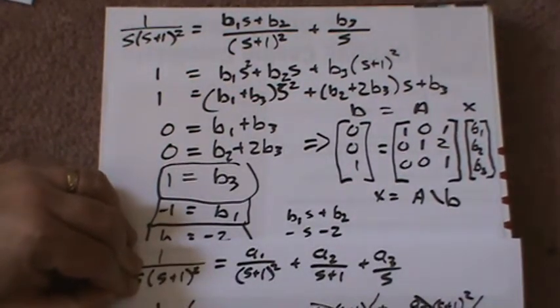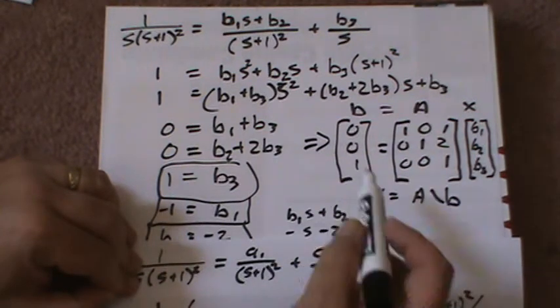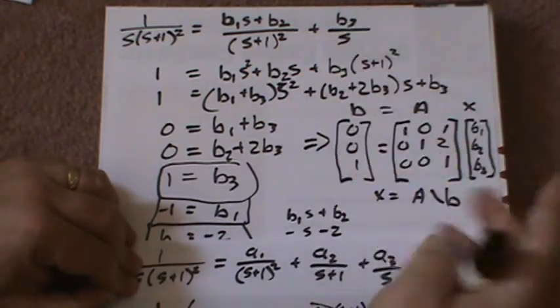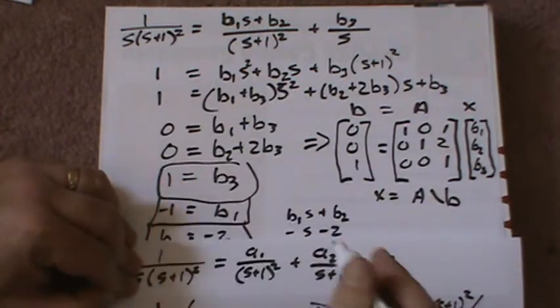Right? So to get between these two, I have to be able to combine these two terms, which means I have to multiply by s plus 1 on both of these. So that means I have technically my b1s plus b2 has to be a1 plus a2 times s plus 1, because that gives me my common denominator. The a3 and b3 are clearly equal to each other, and indeed we got the same value for them, so that's no problems.